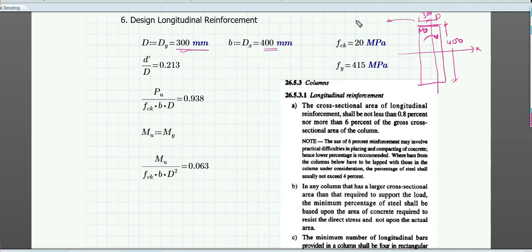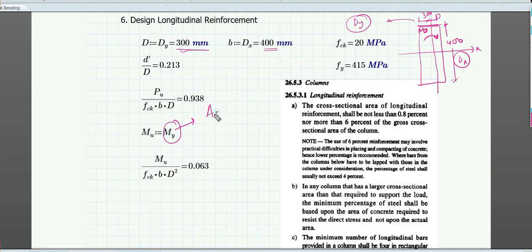This is the depth in y, and this is the depth in x, this is the Dx. So as you can see, the axis which should be taken into account is the y-axis, not the x-axis, because here we are taking My, that is moment about y.